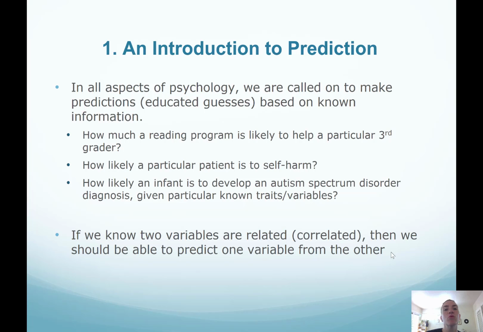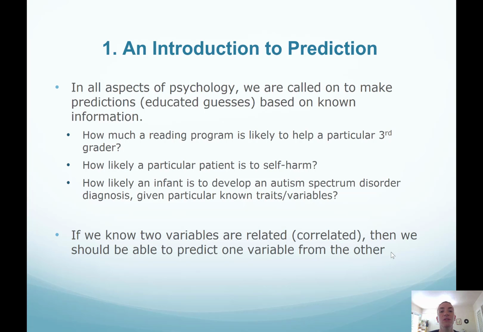And regression is really crucial to psychology because we are often wanting to make predictions or educated guesses based on known information. So you could consider, for example, wanting to understand how a reading program is likely to help a particular third grader. So what is their reading performance going to be like after their performance in a reading program?